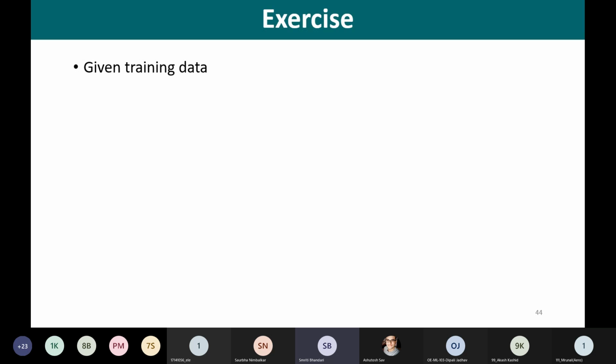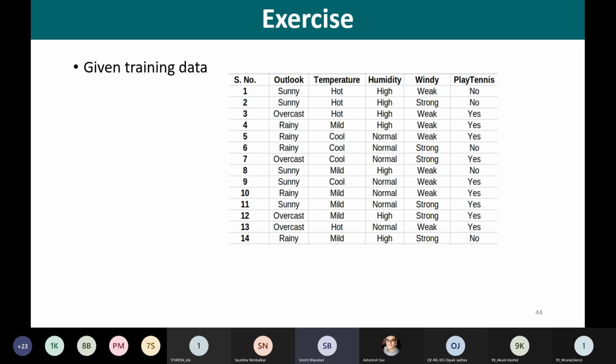We have been provided with the training data. So we have gone through this training data earlier, and in this training data we are having 14 instances, right? We are having 4 attributes or 4 features: outlook, temperature, humidity and windy. So these are 4 features, right?